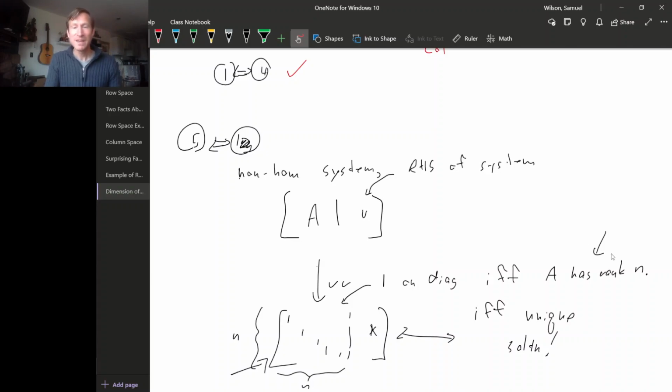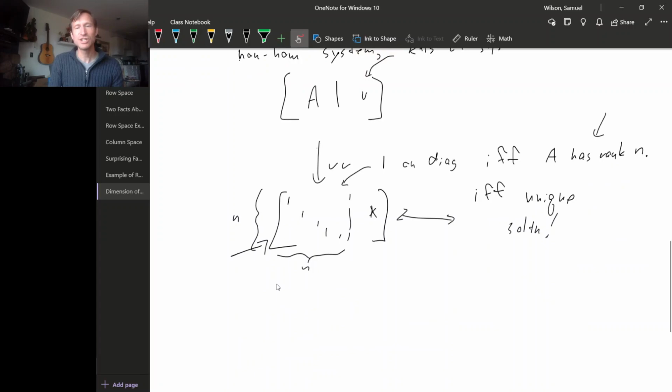So we're done. Now this shouldn't come as any surprise, because we know that a solution to a non-homogeneous linear system always looks like a particular solution plus a homogeneous solution.